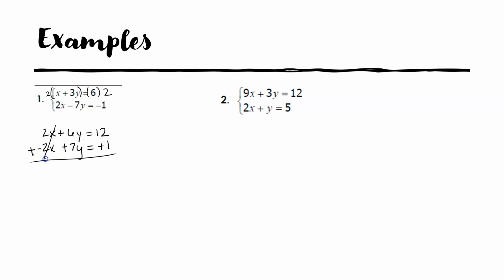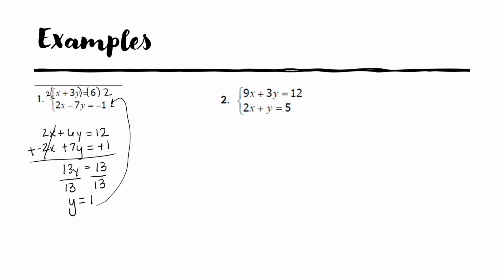So now I can eliminate my x's, and I have 6y and 7y together is 13y, and then 12 plus 1 is 13. So now we're going to divide by 13, so y is 1. Okay, so I like to use the one I didn't change just so there's no confusion.